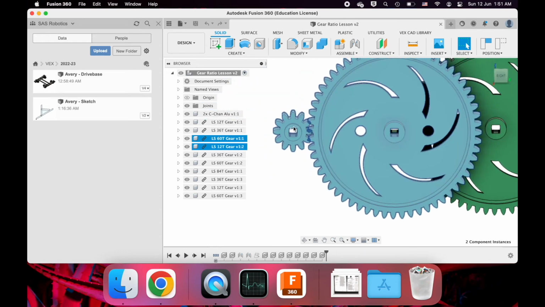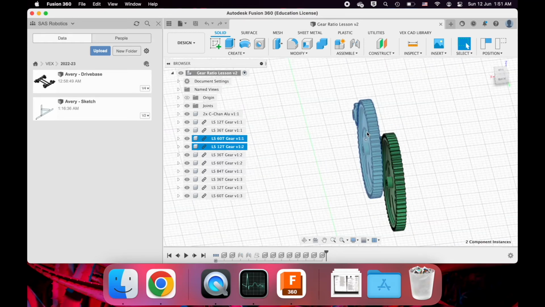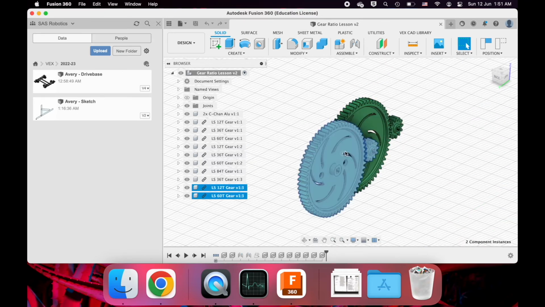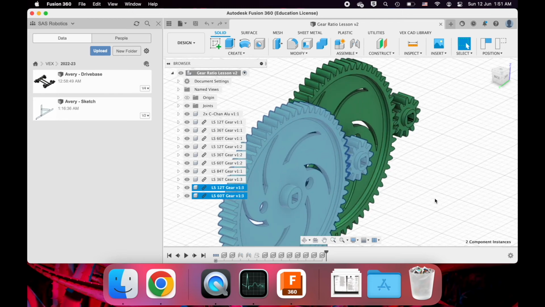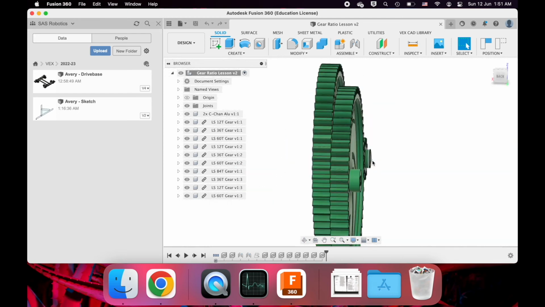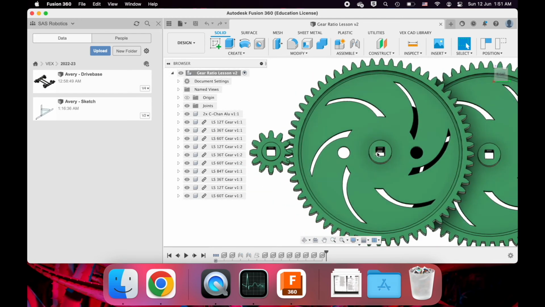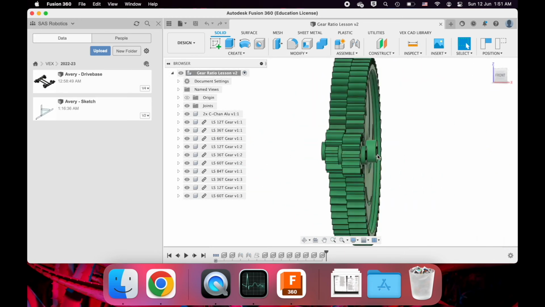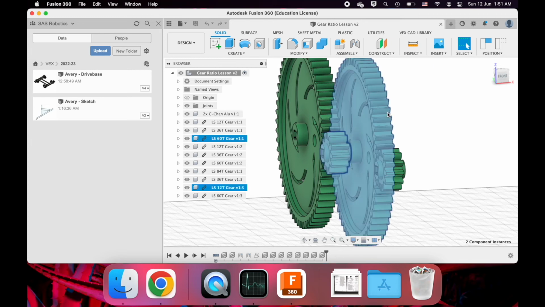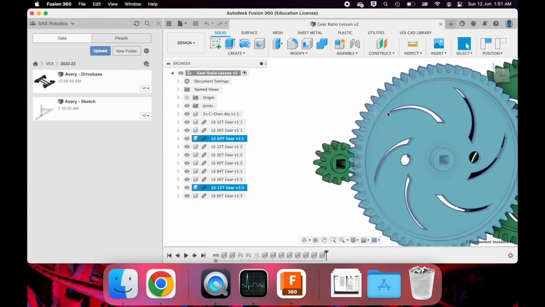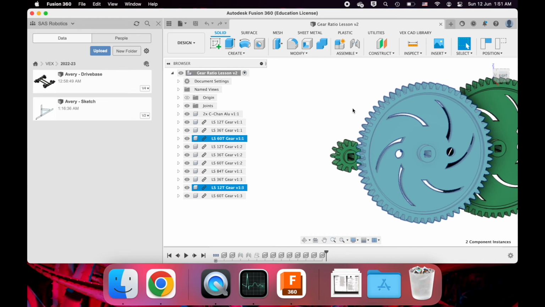Okay, here we have a 12-tooth driver gear and a 60-tooth driven gear, so this is a 5-to-1 ratio. Okay, and it's the exact same thing between these two gears, this being the driven and that being the driver. Okay, so let's think about this carefully. You have an axle here that goes through both of these two gears, so that means these two gears are actually spinning at the same speed.